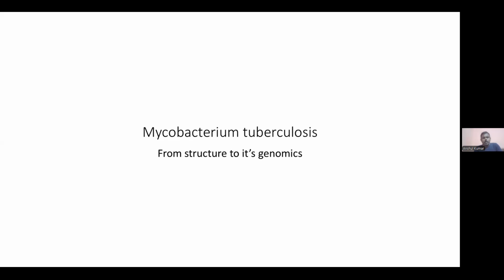Some of the important characteristics of Mycobacterium tuberculosis are that it causes pulmonary tuberculosis and spreads through droplet infection, mostly while coughing, sneezing, and talking. It shows resistance to decolorization even with strong acids.